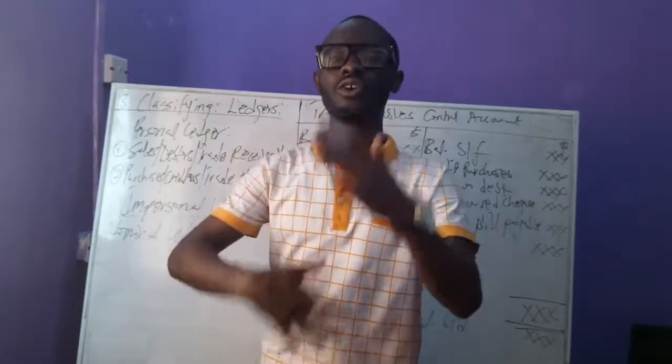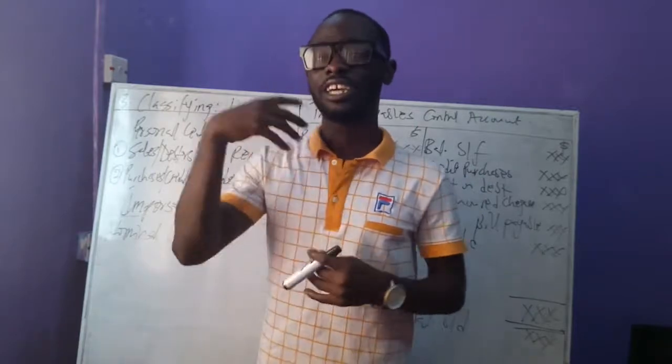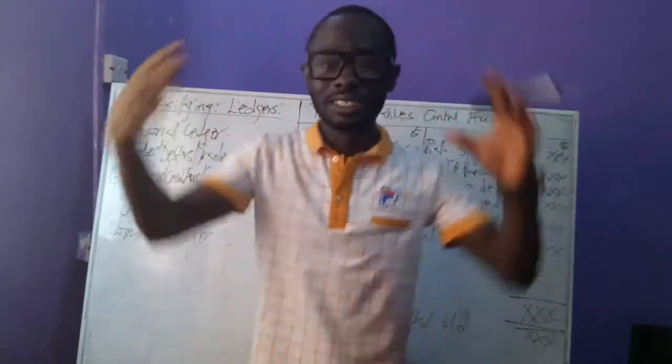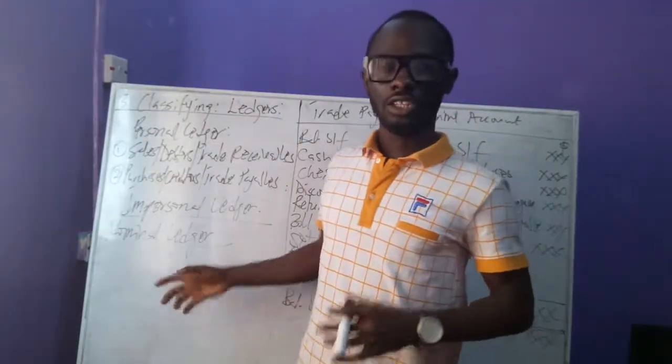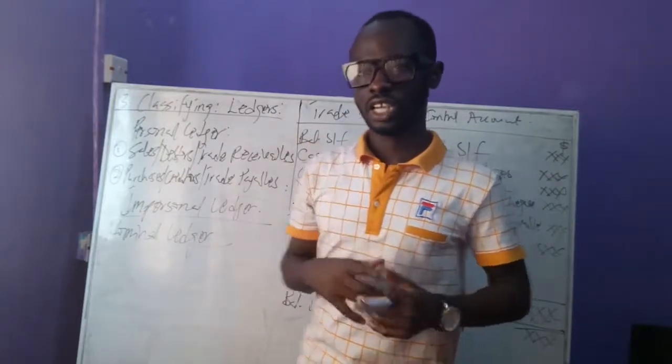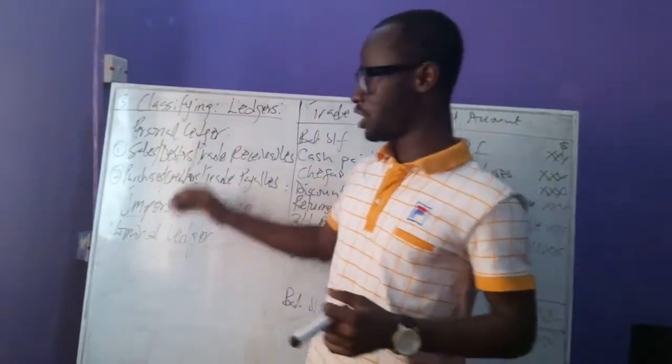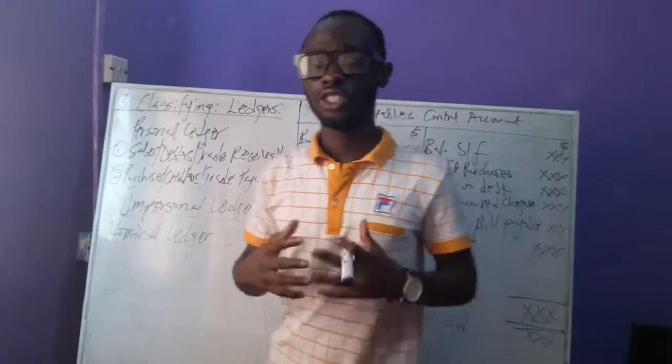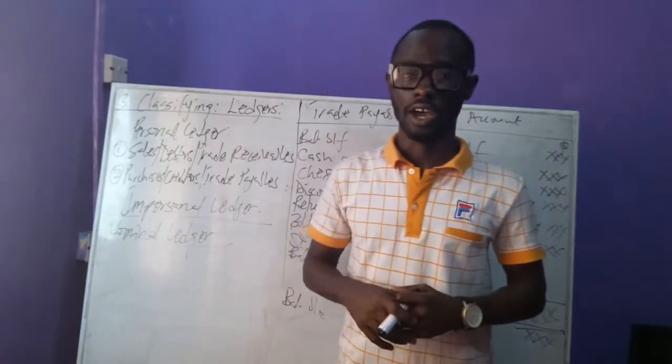So all of those other transactions, electricity, all expenses, nominal ledger. So these are the three ledgers that you need to understand: sales ledger, purchases ledger, and nominal ledger, which is used to record all other transactions.